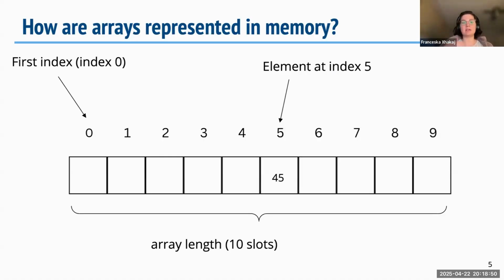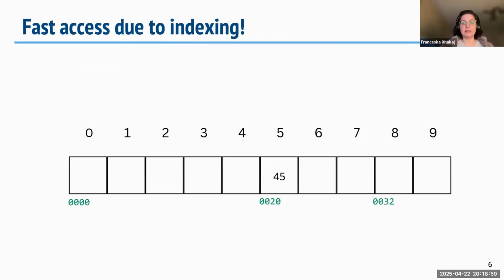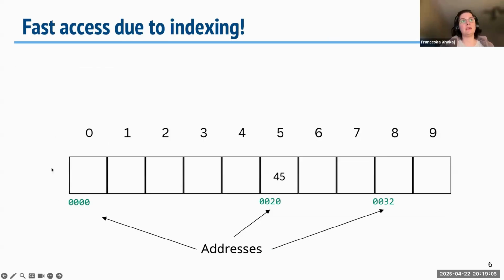Now, why do we say that arrays allow for fast indexing, and how does it even allow for indexing to happen? Let's look at how arrays would look in memory, right? Let's assume that this is my array, again, 10 slots, the size is not changeable, and I'm starting index 0 at address 0000. Okay, so this is going to be my base address.